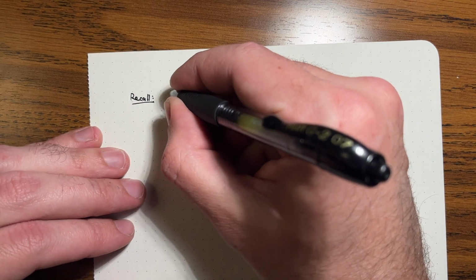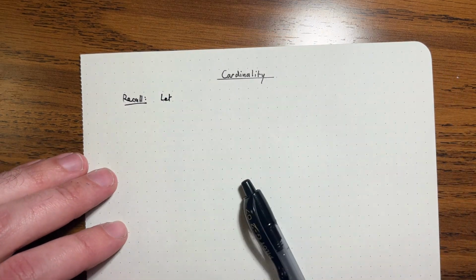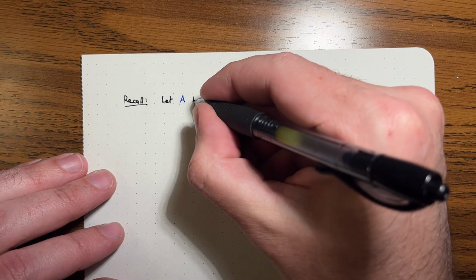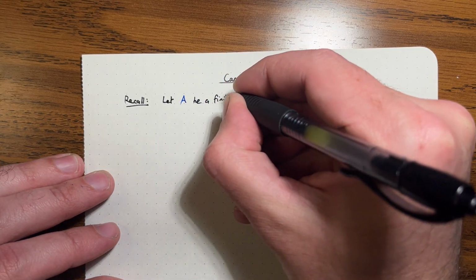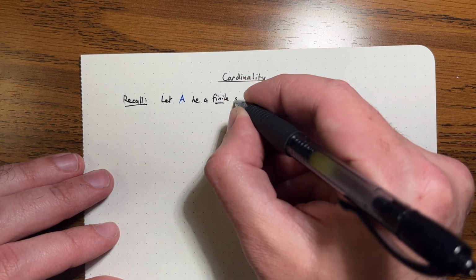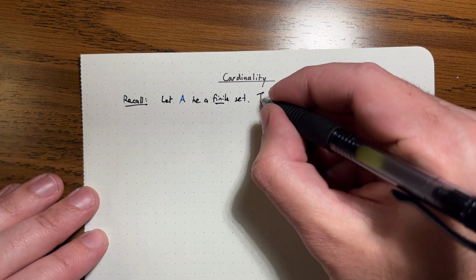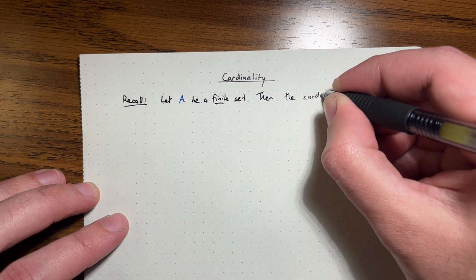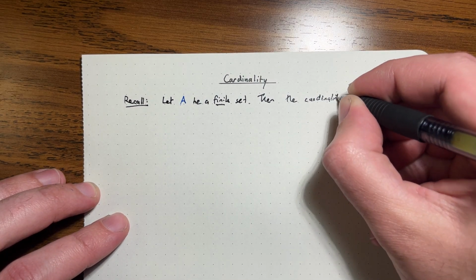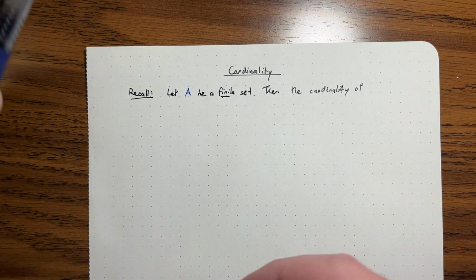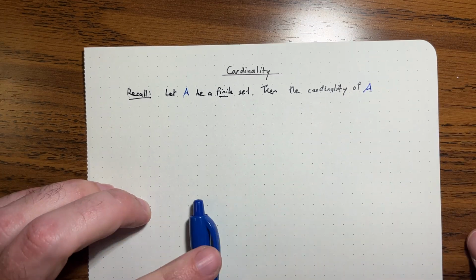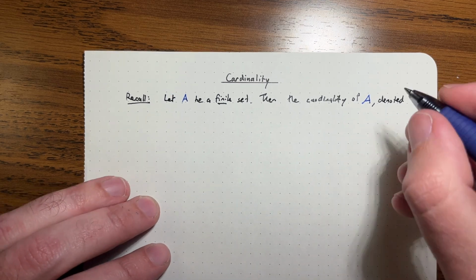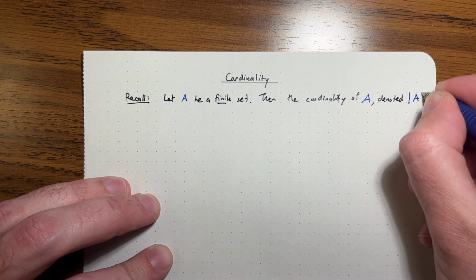So let's suppose we have a finite set. So let A be a finite set. Really going to emphasize the finite part. Then the cardinality of A, remember how we denote cardinalities with these absolute value bars.